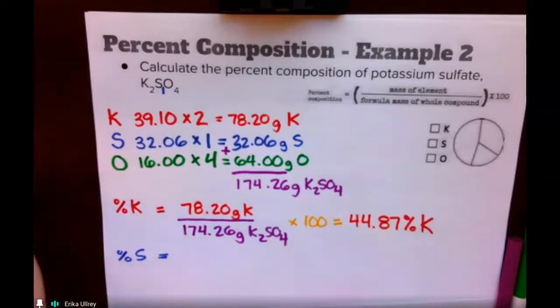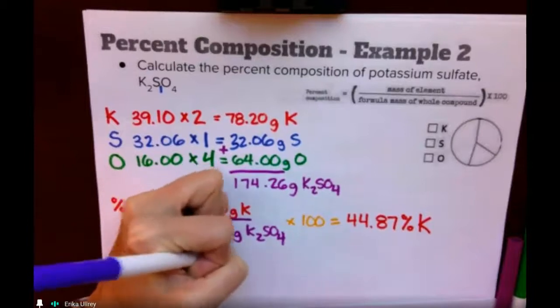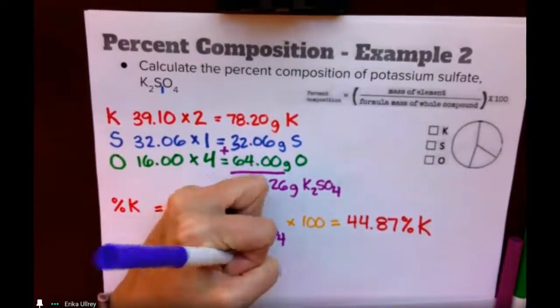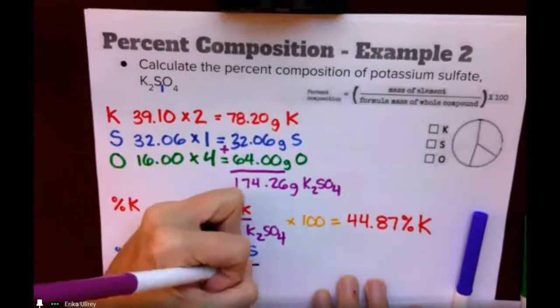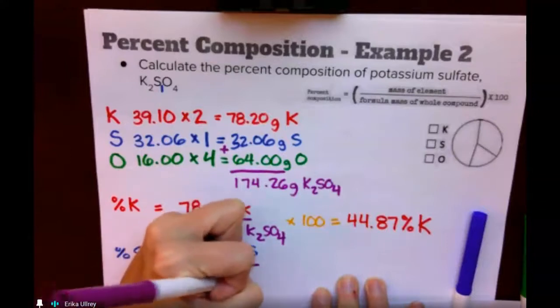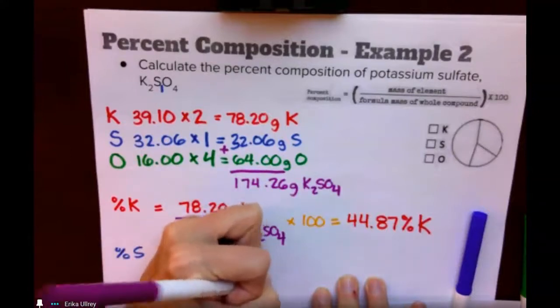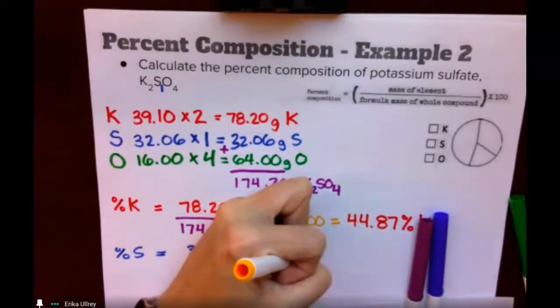So what number am I going to put on top if we're trying to find sulfur? 32.06. Yeah, 32.06. And what am I going to put on the bottom? 174.26. Perfect. And then after I do the division, what do I need to do? Multiply by 100. Perfect. You got this.